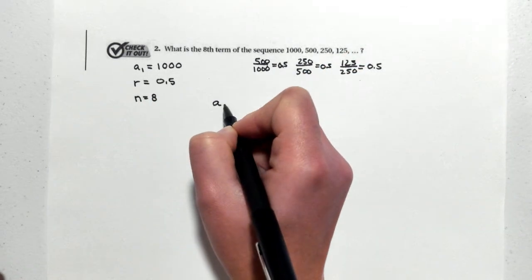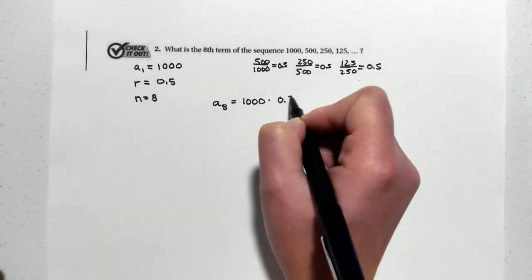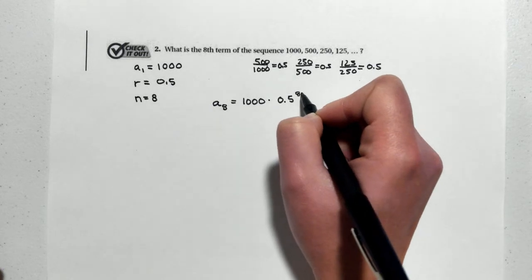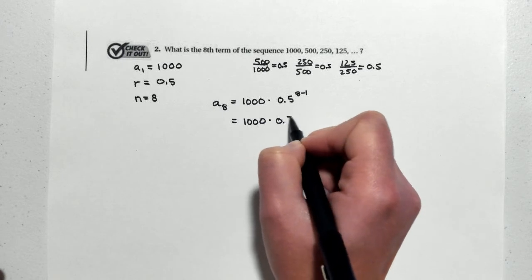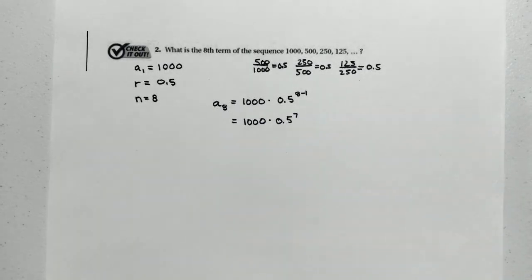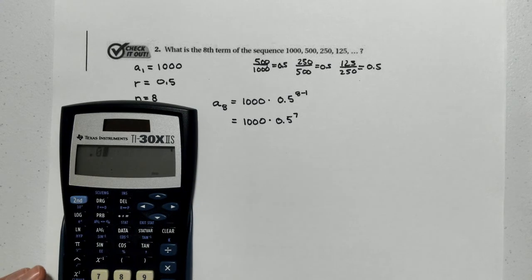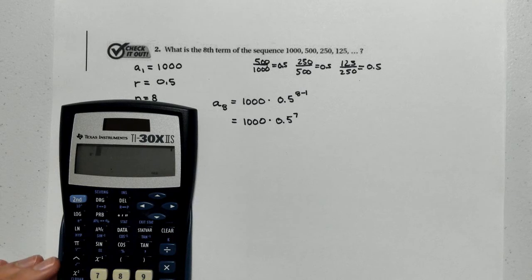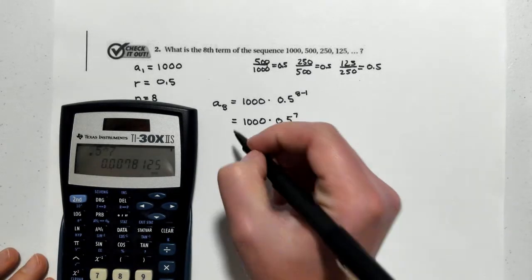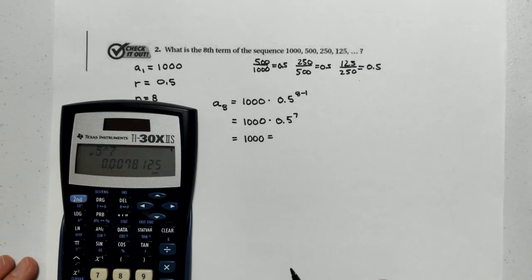So we're going to find a sub 8, and that's going to equal 1,000 times 0.5 raised to the 8 minus 1 power. So we're going to have 1,000 times 0.5 to the 7th power. So now we're going to do 0.5 raised to the 7th power. Oops, not 0.05, sorry, 0.5 to the 7th power.